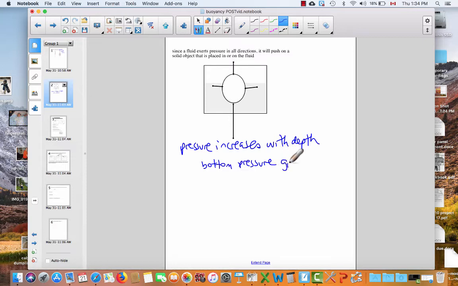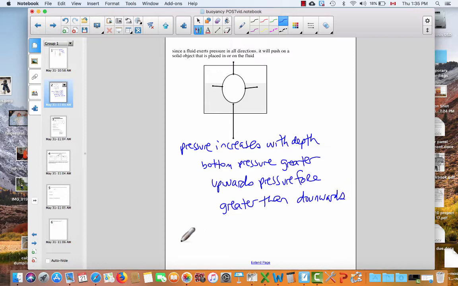So the bottom pressure is greater, and so the upwards pressure force is greater than the downwards, i.e., we have a net upwards force that's called the force of buoyancy. So that's where buoyancy comes from. It's the difference in the pressure forces at the top and bottom.